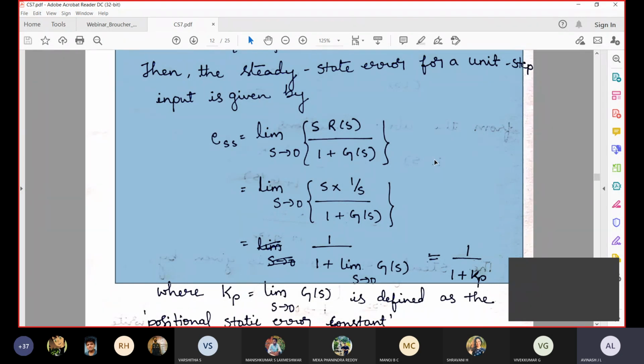This is the first formula that we derived just 2 minutes back. Now, in that formula, replace R of s with 1 by s. Why? Because we have taken the input as the unit step function U of t. Correct?